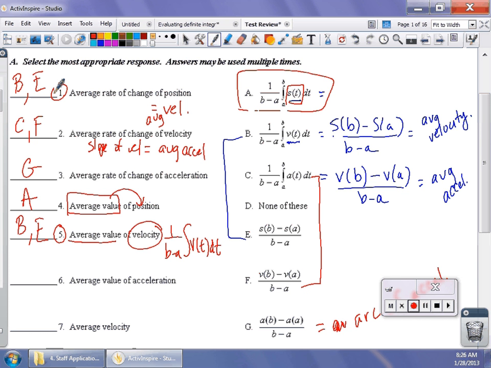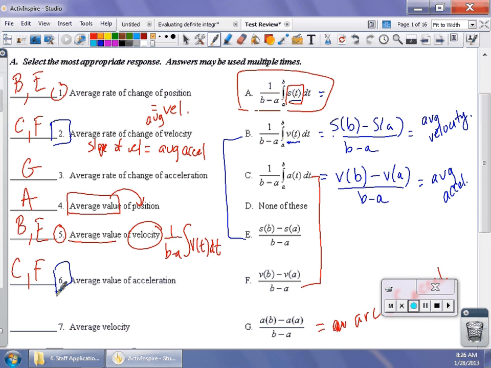Average value of acceleration tells me to use the average value formula on acceleration. So that's clearly C, which is the same thing as F. So 2 and 6 are telling you to do the same thing. And I'm using different language so that you can see which of these are the same, which of these are different.